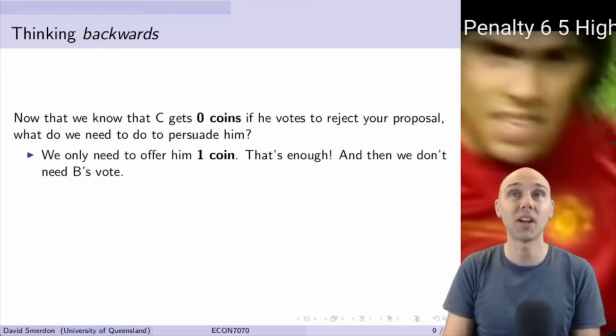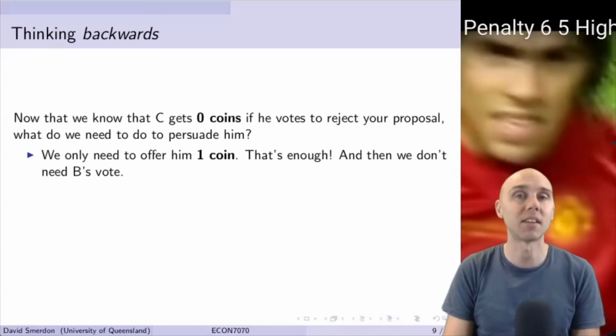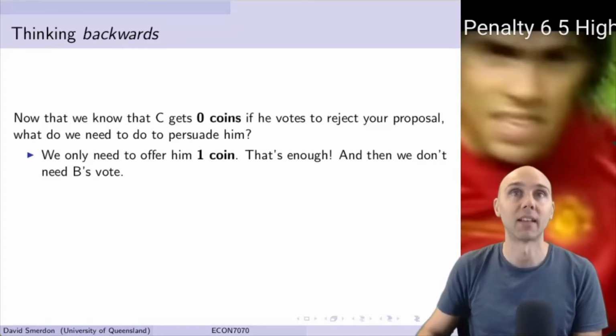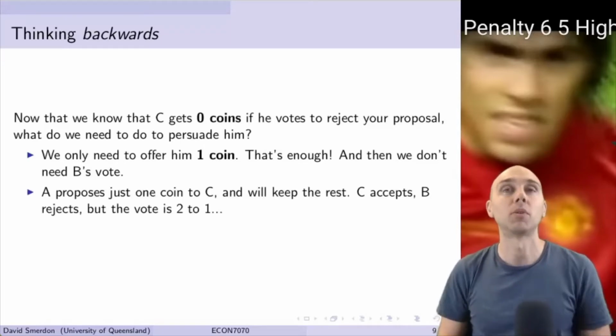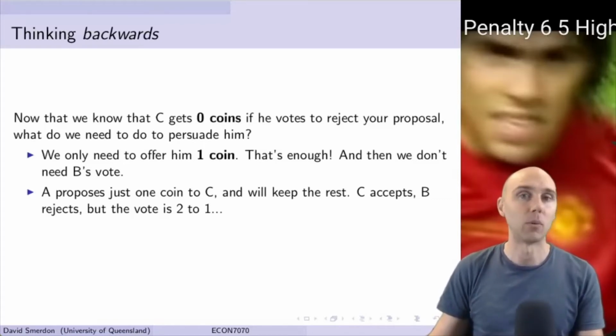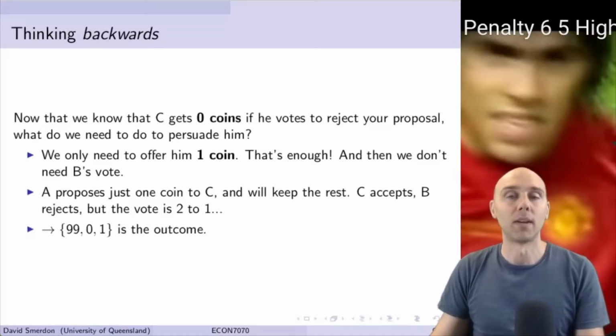So we can just offer C 1 coin, just 1. That's enough because it's more than what C would get if C votes against us. And then we don't need B's vote. So what we do is we propose that C gets 1 and we keep all the rest. B rejects, B was going to reject anyway, but C is on our side and that's all we need. So not only do we stay alive, but we come out of it really well with 99 coins.